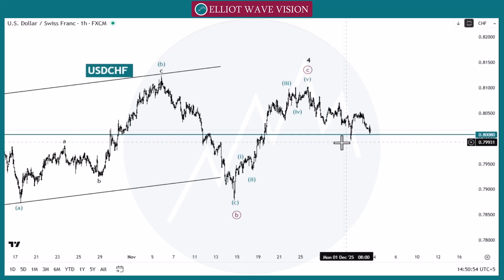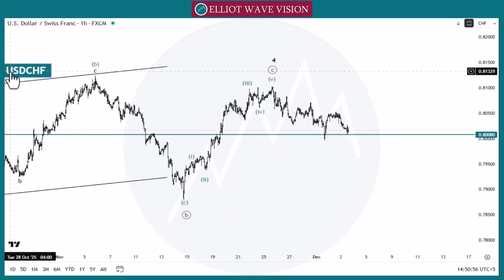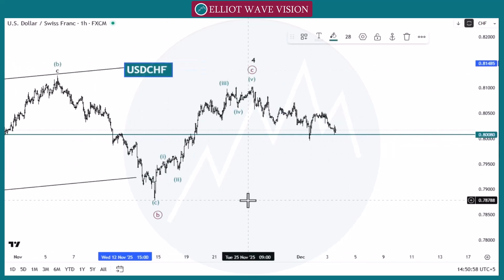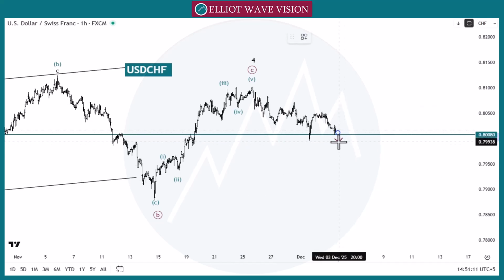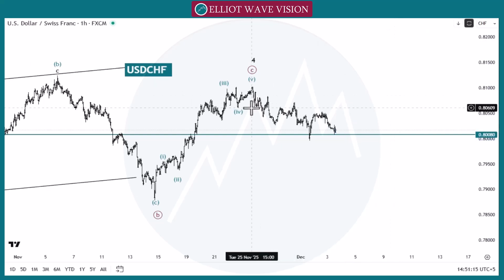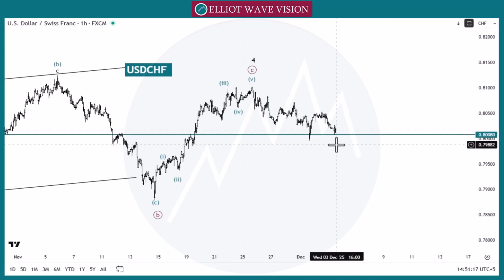Market already give us the arrival like wave 1. We count this move as a wave 1, wave 2, 3, 4, 5 as a diagonal, or we count move like wave 1, 2, 3, 4. That's possible. Market go little down and then give us the correction. Then we count this whole move like wave 1.